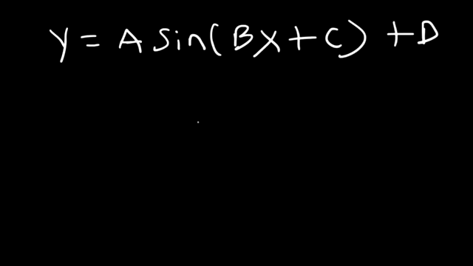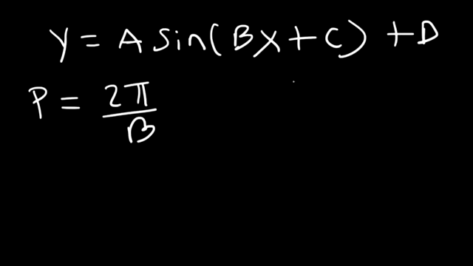Anytime you have a C value, there's going to be a phase shift, and D is associated with the vertical shift. So let's say if you want to calculate the period of a sine or cosine wave, it is 2 pi divided by B, and B is just the number in front of x. The vertical shift is D. Let's say D is 3, it's going to shift 3 units up. If D is negative 2, it will shift 2 units down.